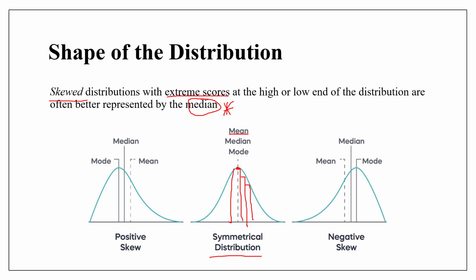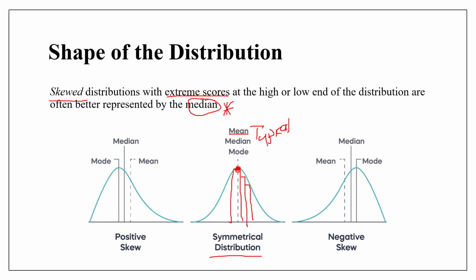That is the highest point that a bar is going to reach in a distribution. In this case, the mean is going to be represented by that, which is the highest point. So this is the most typical behavior that there is in the data set.